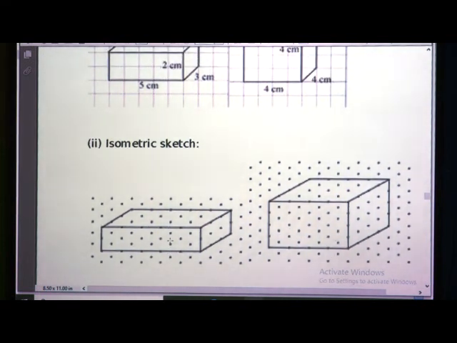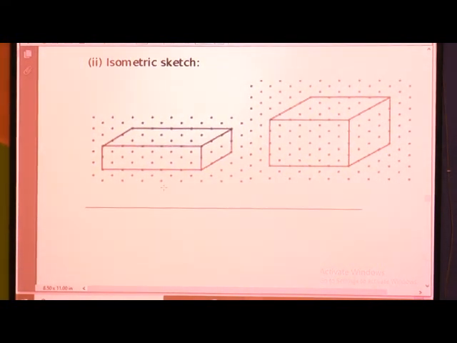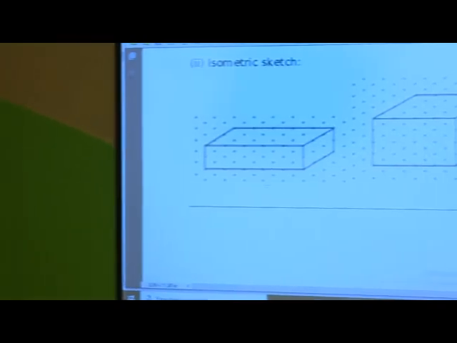The measures are given to us for the cuboid as well as the square, so in this way we can prepare isometric sketches for the different dimensions. As I told you, on the last page of your textbook you have an isometric dot paper; try the sketches over there, isometric as well as oblique.